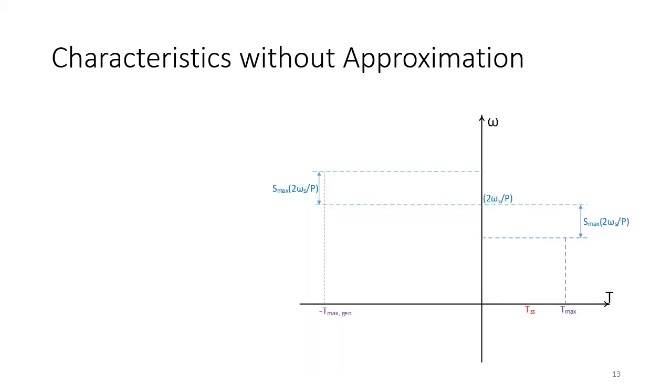So if we try to draw the equation here, there are the characteristic here, the torque speed curve. What is happening? The S max for both are the same, but now the T maxes are different for them. So let me put in some absolute value here. It will be something more like this.